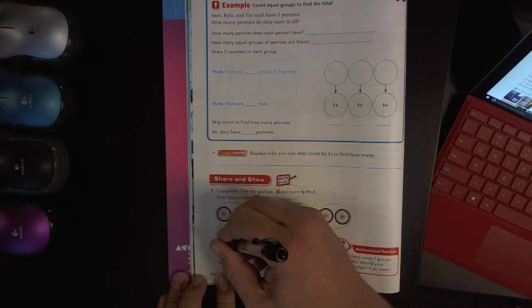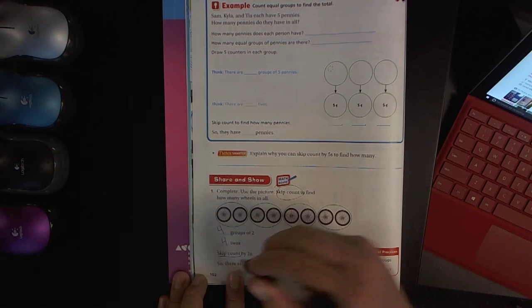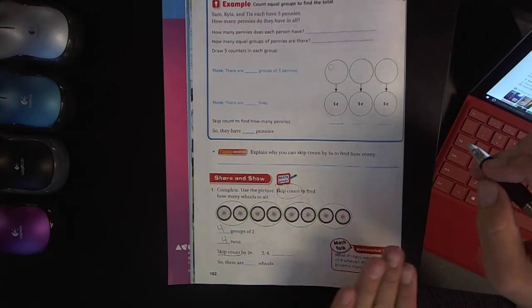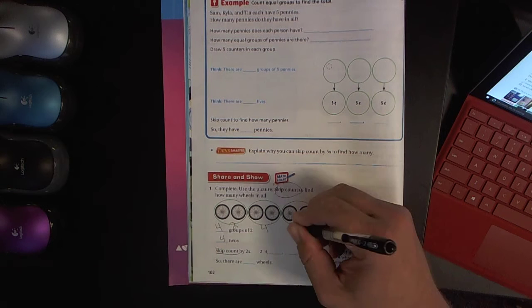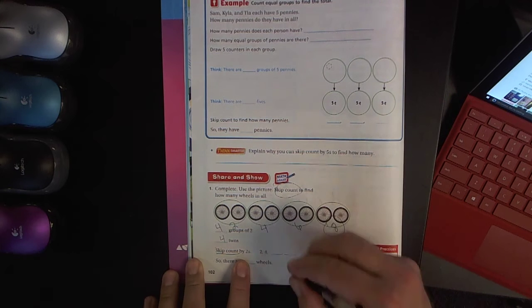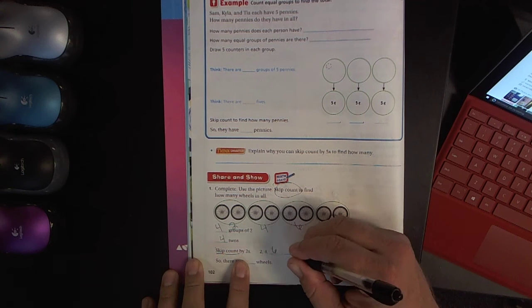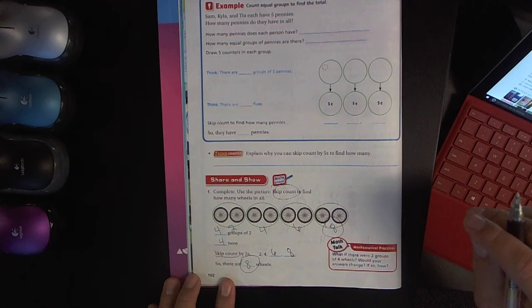So there's 4 2s. Skip count. What they want you to do basically is to go 2, 4, 6, 8. And then when you get to the end, you know how many. So skip count by 2s: 2, 4, 6, 8. So there are 8 wheels.